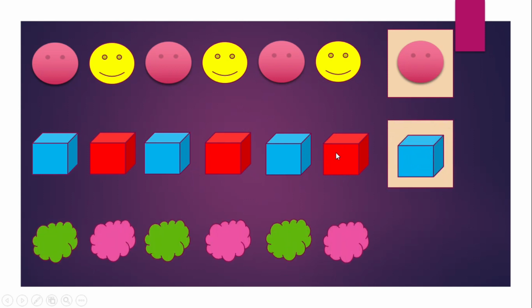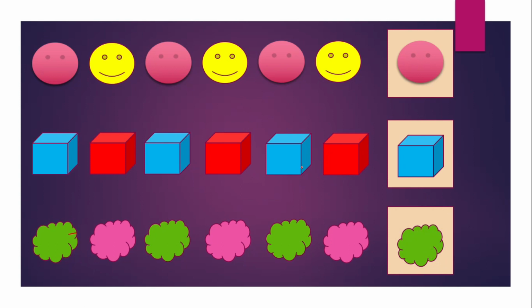Right, interesting. Now I have made one pattern by making the colorful clouds. So a green one, then a pink one, green and a pink one, green, then a pink one. So next one will be the green cloud.